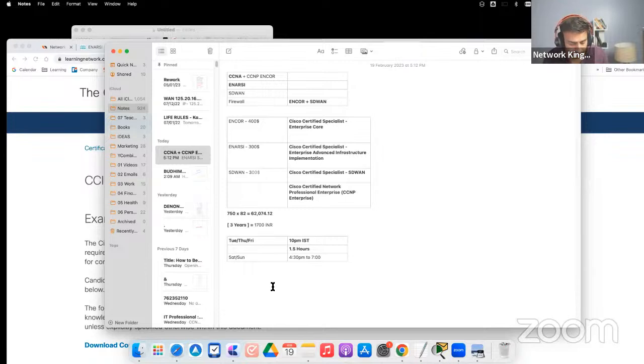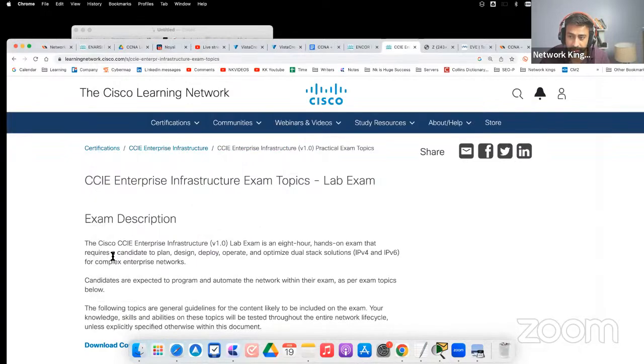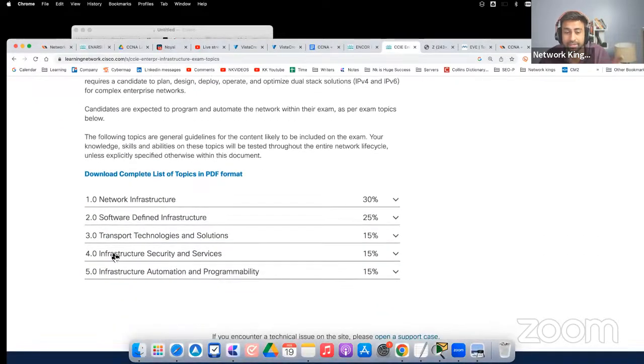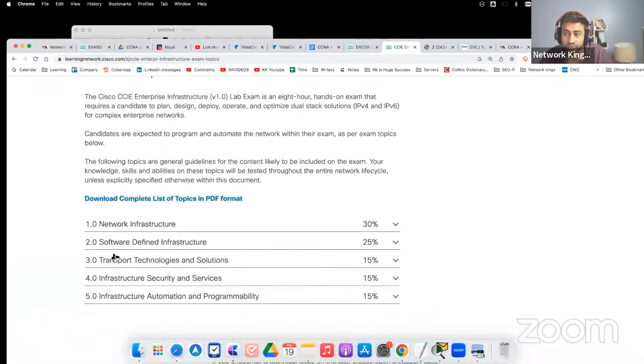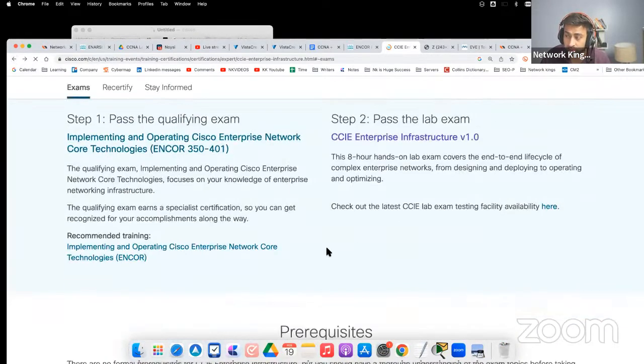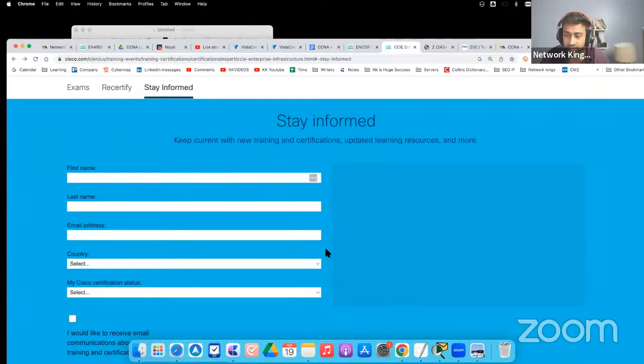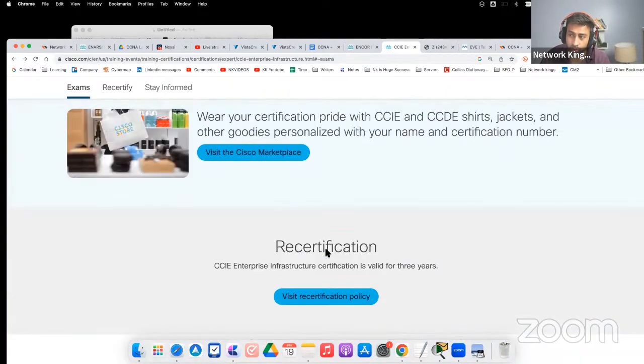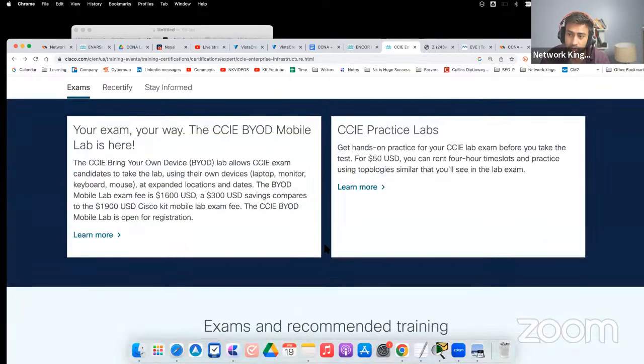Suppose you join companies like Cisco, or good projects like HCL, Wipro. In some of the projects also, they give your CCIE fees. And the exam fees of this certification, bad in terms of amount because it's very, very costly, is around $1,900. It is a $1,900 exam. $1,900 only for the exam cost.